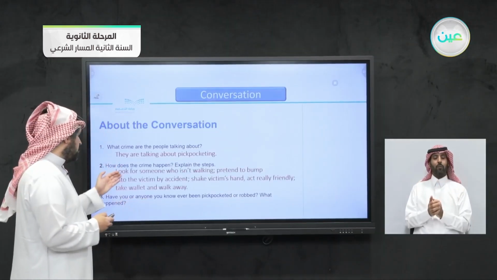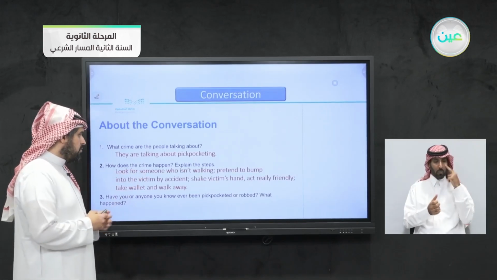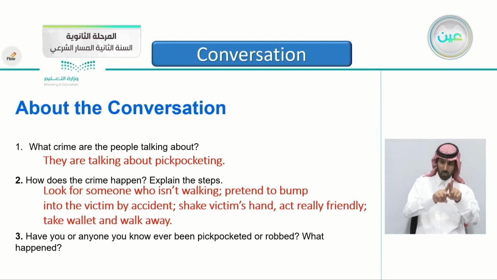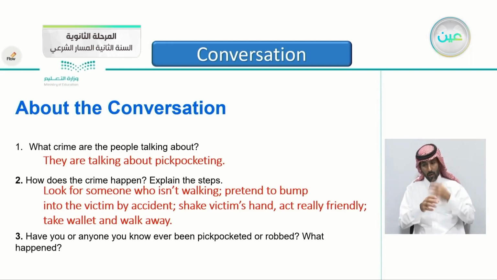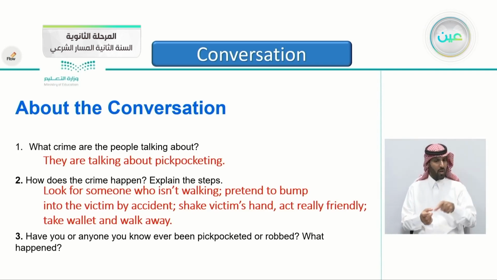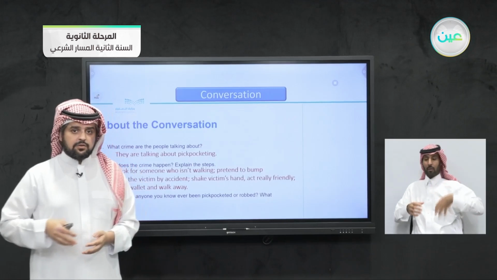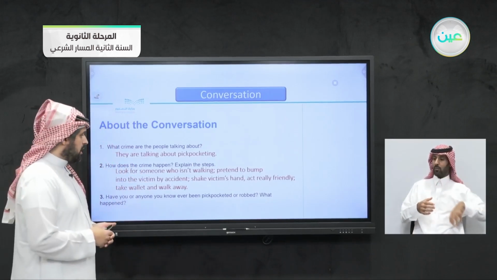Very good. Look for someone who isn't walking. Pretend to bump into the victim by accident. Shake the victim's hand. Act really friendly. Take the wallet and walk away. They focus on someone who isn't walking, standing, watching the buildings, maybe taking photos, while they put their hands in your pocket and steal your wallet.